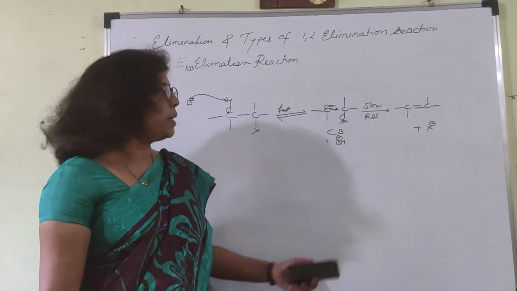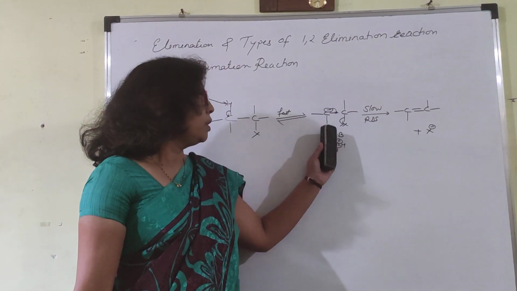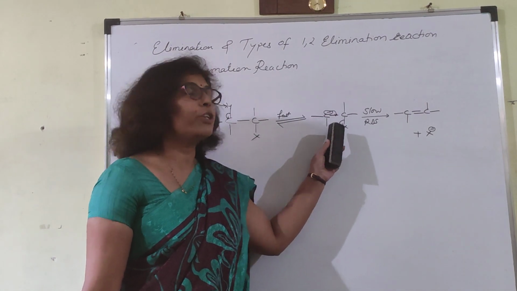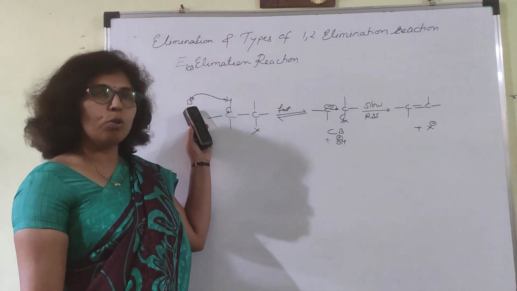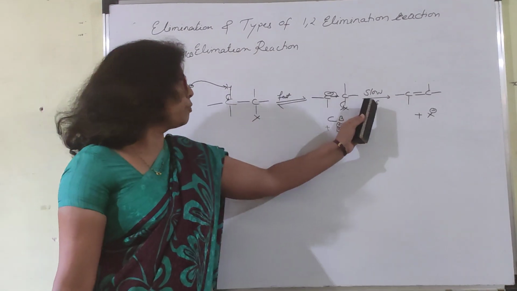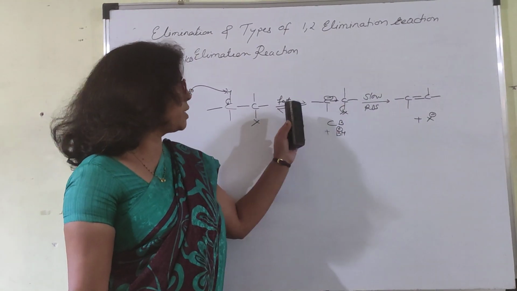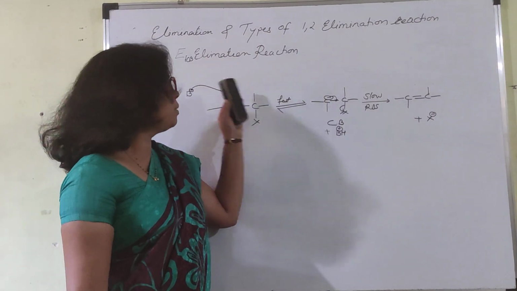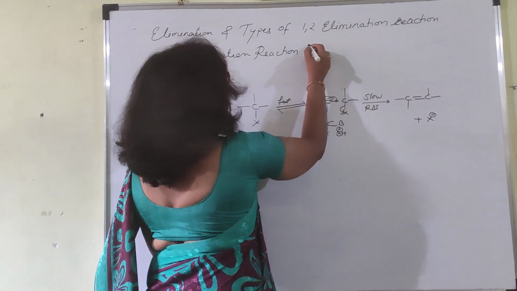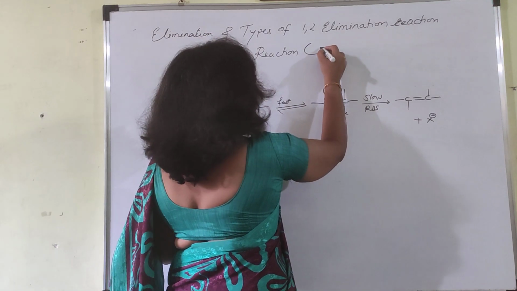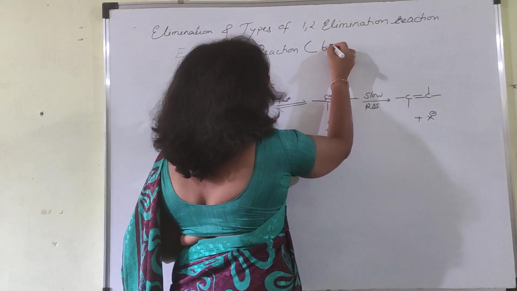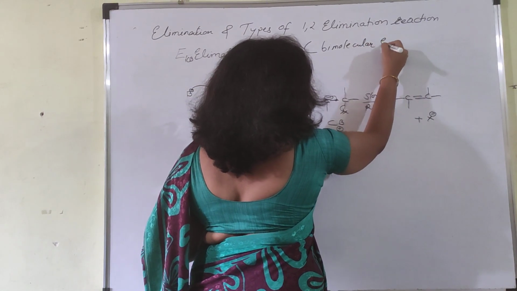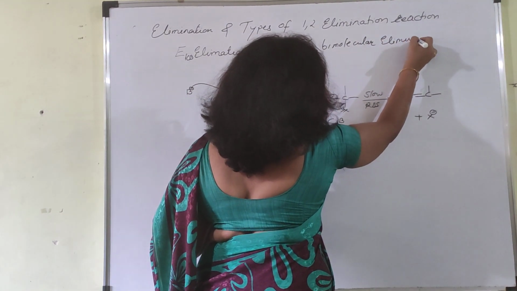Now since in the rate determination step the carbanion is required, and this carbanion is generated with the help of a base, obviously in the rate determination step, indirectly even the base is involved, so base and reactant both are required. So the E1CB elimination reaction is also called a bimolecular elimination reaction.